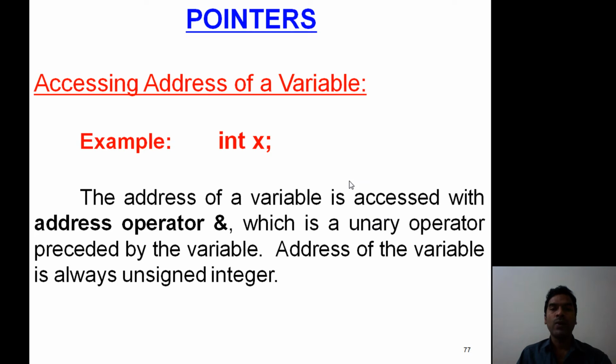Now to access the address of the variable, C language supports an operator called the address operator, which is indicated with the ampersand symbol. The address of the variable is accessed with the address operator. This address operator is a unary operator.